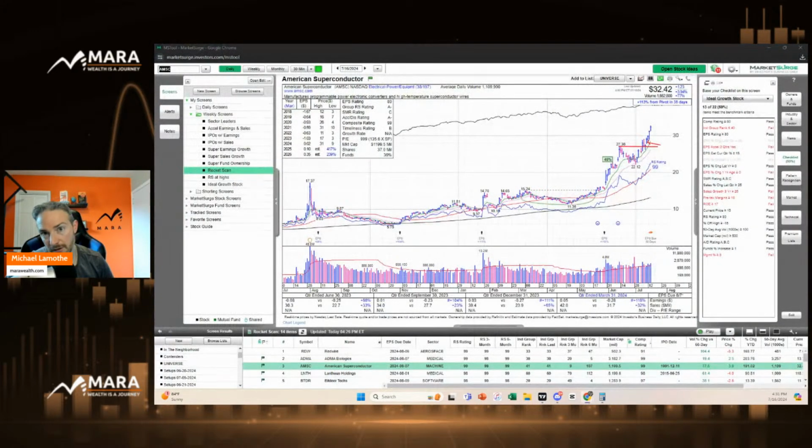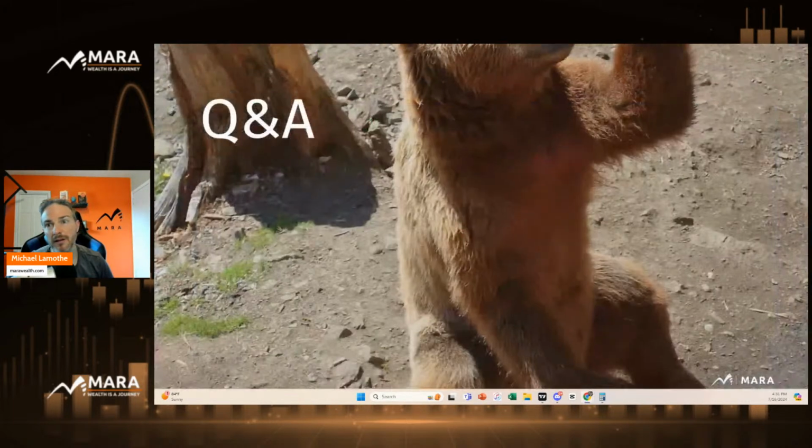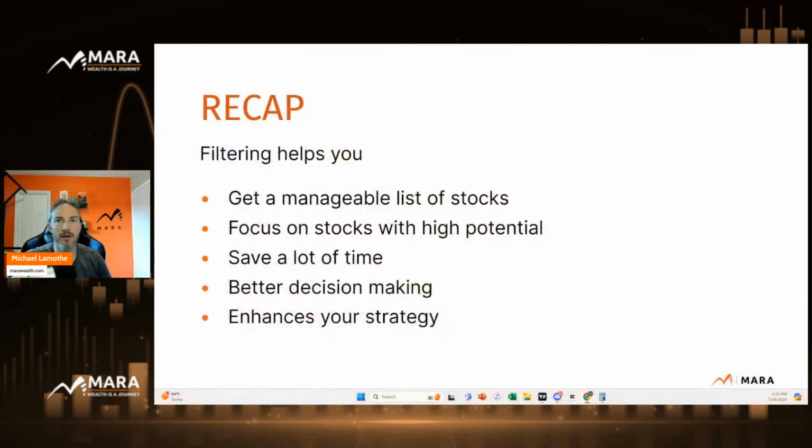Let's recap. Filtering helps you, number one, get a manageable list of stocks. Number two, it helps you focus on stocks with high potential. Number three, it saves you a lot of time downstream. Yes, there is some labor in running all these screens and filters.